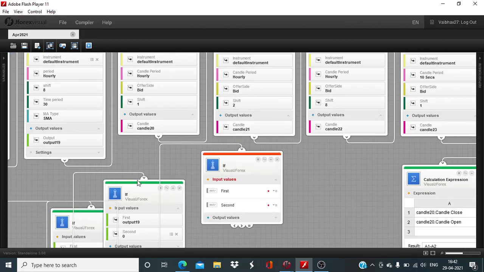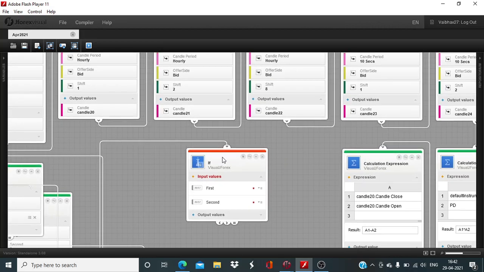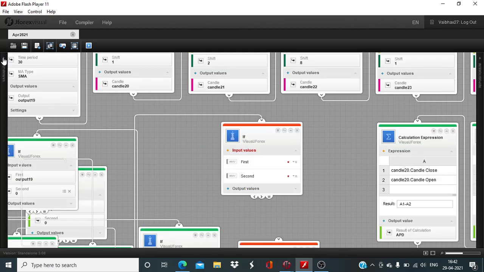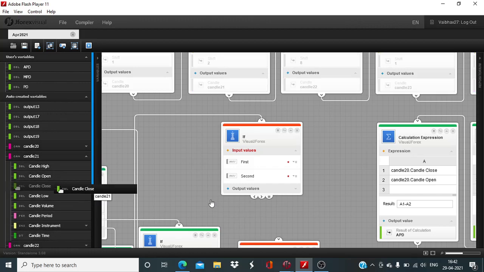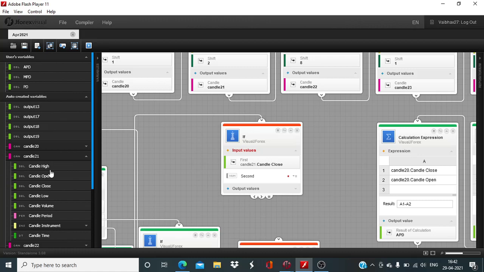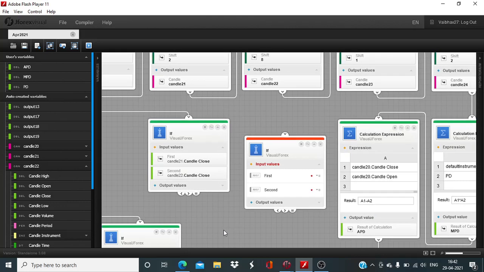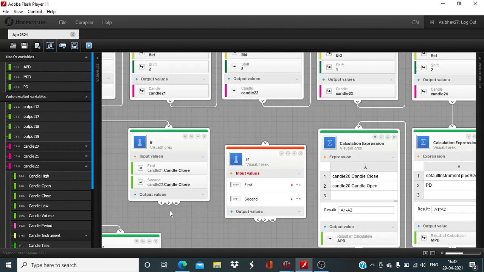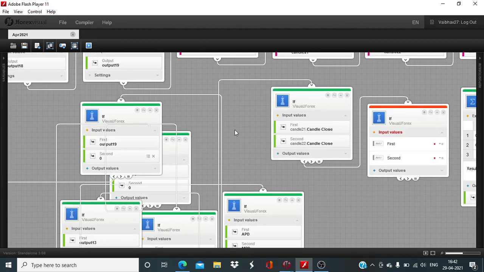As here on the price action front, we want the lower low, and for that we need to compare candle 21 candle close with candle 22nd candle close. First input less than second input. Okay, so far so good.